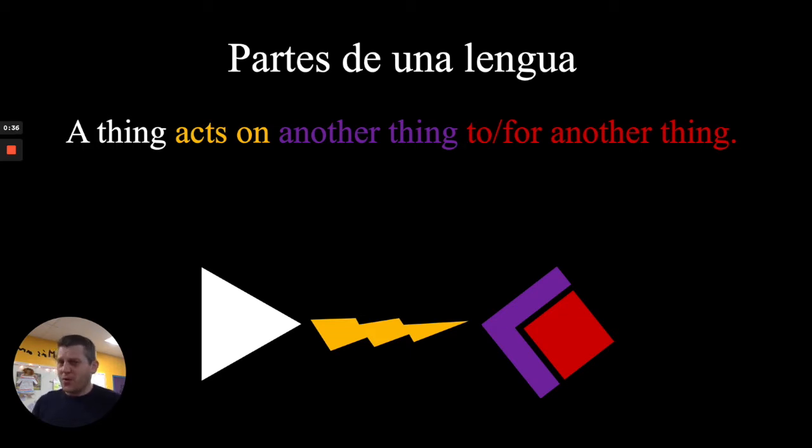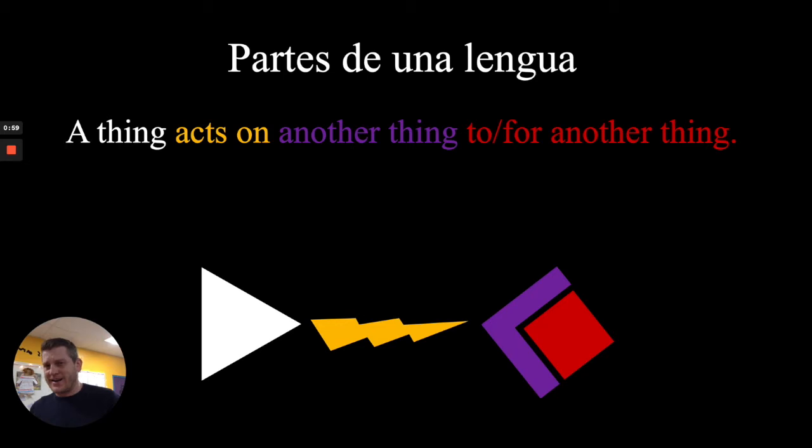So far we have talked about sentences that have a thing, a doer of an action, that acts upon another thing. That thing receives the action, and that thing transfers the action to a final place for which that action was done to or for. So maybe all that sounds confusing.